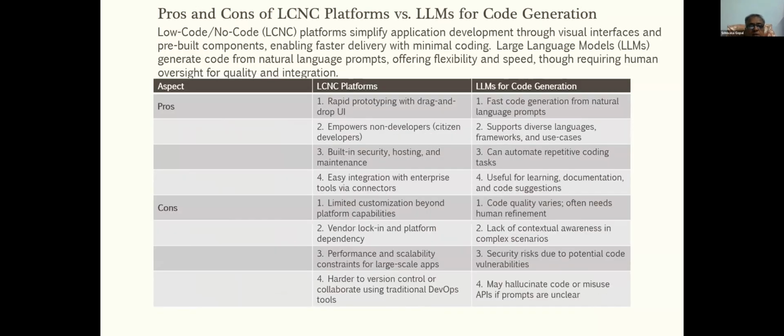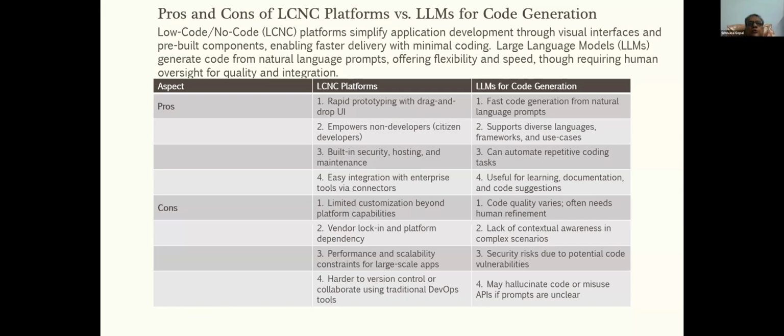Here are some simple advantages and disadvantages of using low code, no code platforms and LLMs. The advantages are rapid prototyping, the use of non-technical developers like citizen developers, and easy integration with different applications. The disadvantages are that customization is what the vendor offers. There are platform capabilities limits.